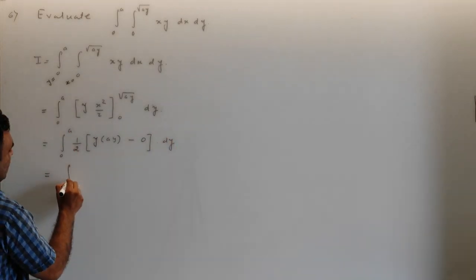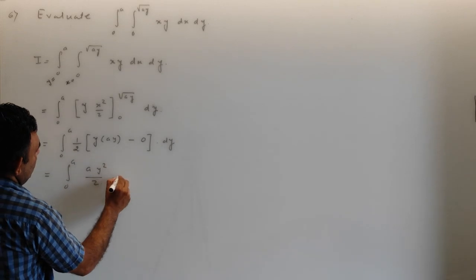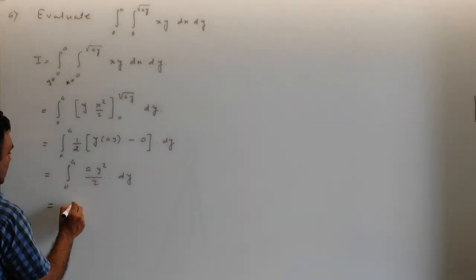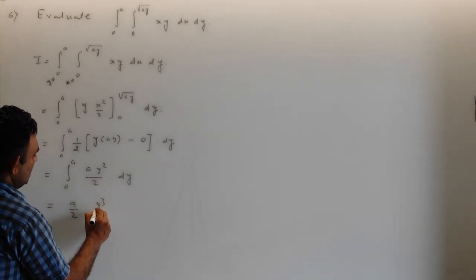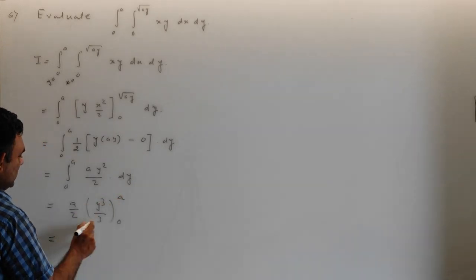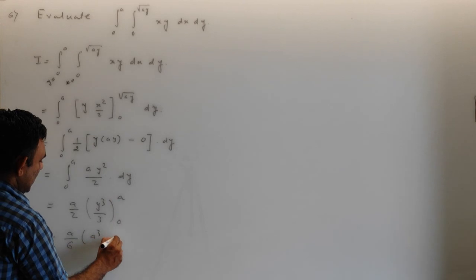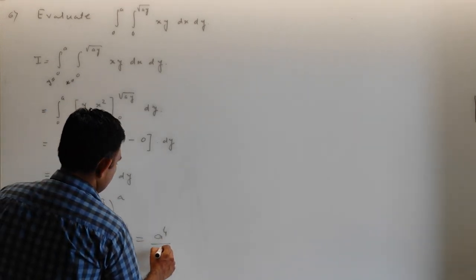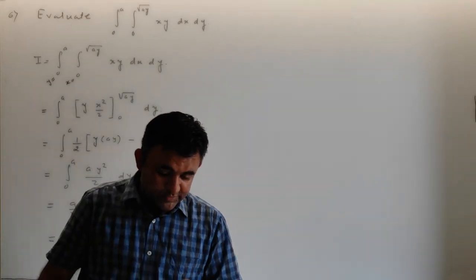So it is integration 0 to a of a y square by 2 into dy. So now a by 2 is constant, take it outside, and integration of y square is y cube by 3, 0 to a. So it is a by 6, a cube minus 0, so it is a raised to 4 by 6. So that is my answer, a raised to 4 by 6.